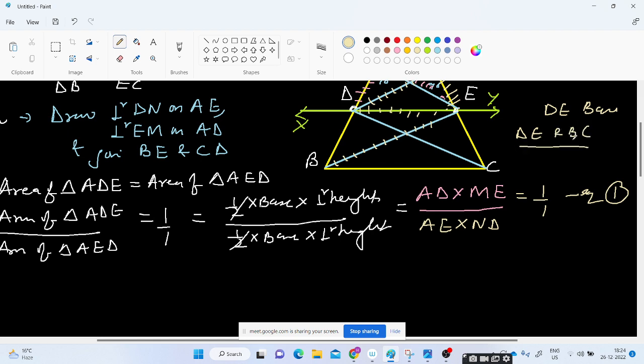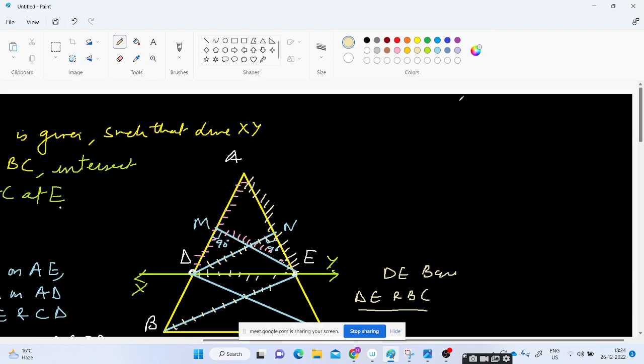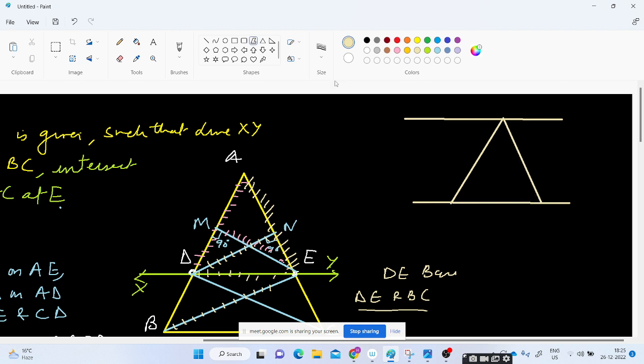In class 9th we have learned a theorem: if two triangles lie on the same base and between the same parallels, their areas are equal. We have to recall this theorem.